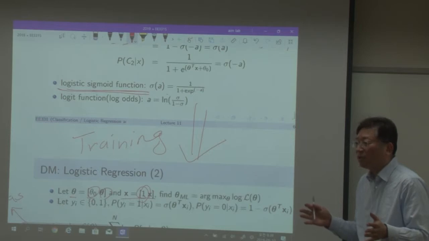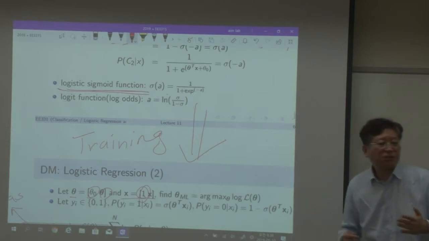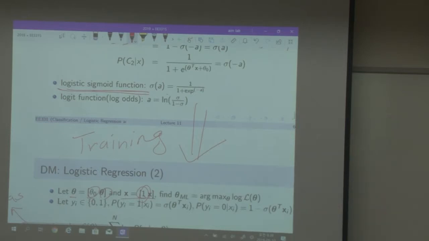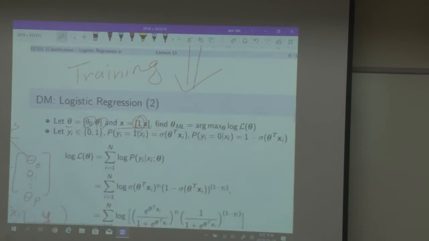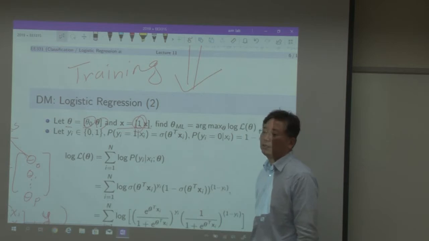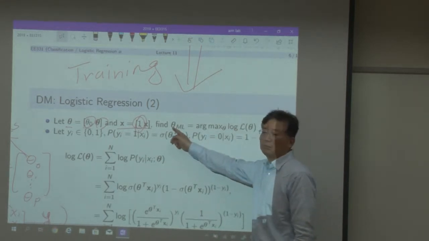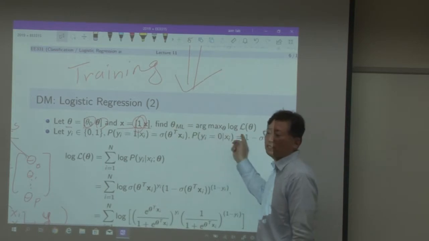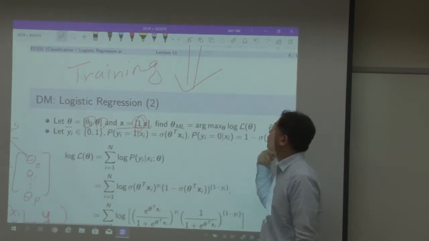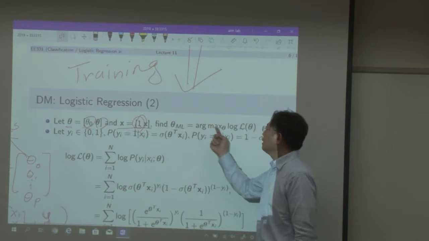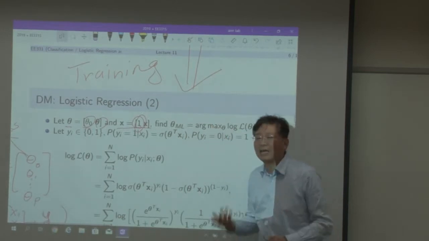Everyone understand what I'm saying? And what is my criteria in finding my theta? I want to find my theta that maximizes the log likelihood.